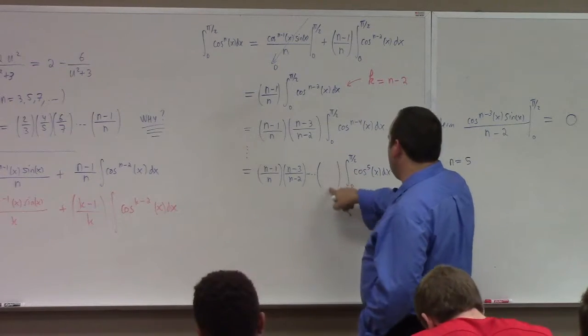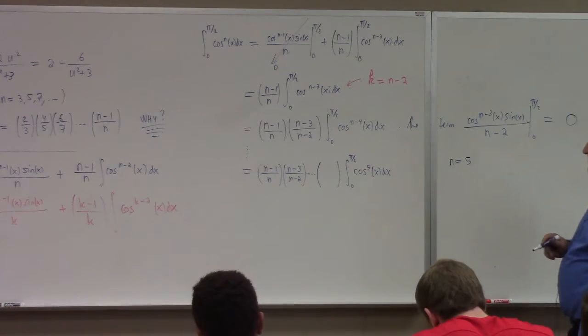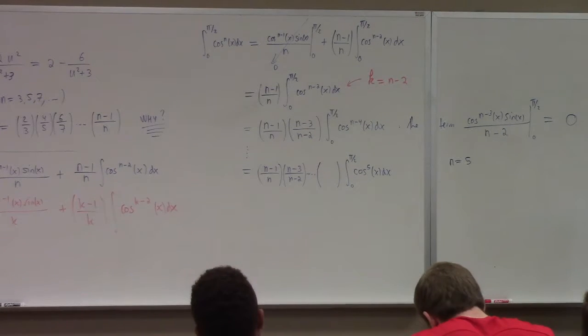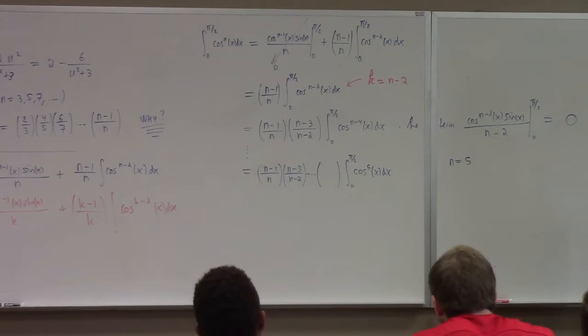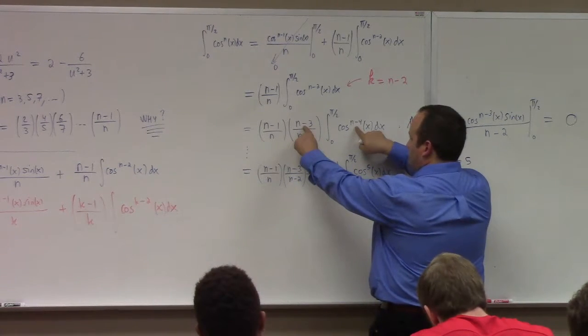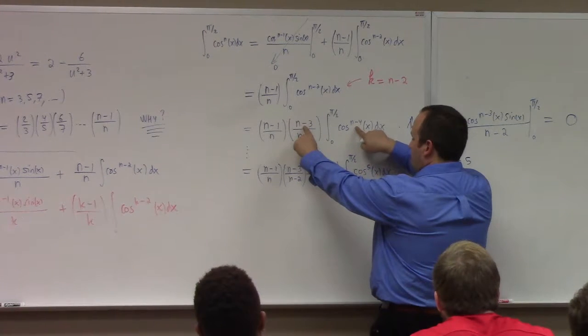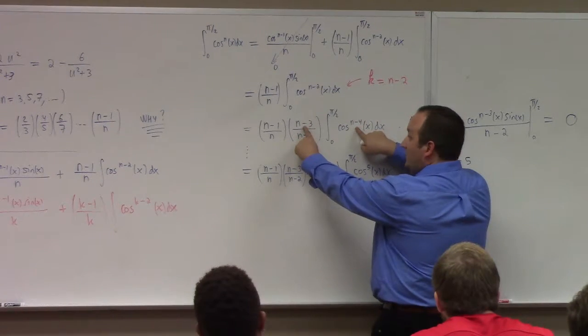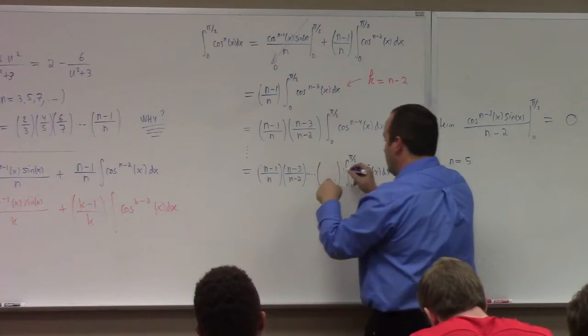What would we have had, what would be the thing in front of that then? We get to that stage. What's the coefficient? It's one more than what's here. n minus 3 versus n minus 4, right? So if that's 5, that makes this 6.